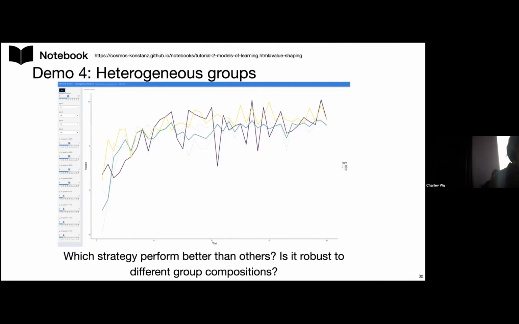You can run the 4 pure value-shaping learners, but you can also try 2 value shapers and 2 decision-biasing agents, or 2 value shapers and 2 pure reinforcement learners. So you can change the composition of the group, and there are a bunch of things you can change.